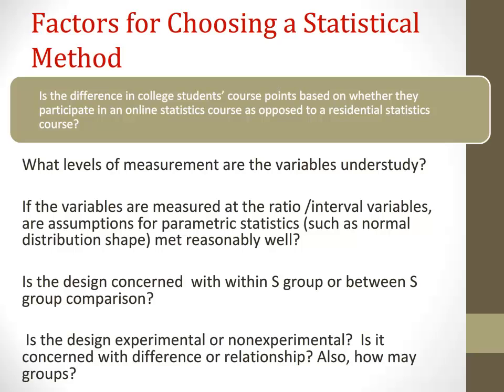Well, we have one independent variable with two groups here, the online and the residential. So now we have all of this information. We know that we're going to do a parametric analysis. We're going to then use one of Warner's decision trees to help us identify the specific statistical method that we're going to use.